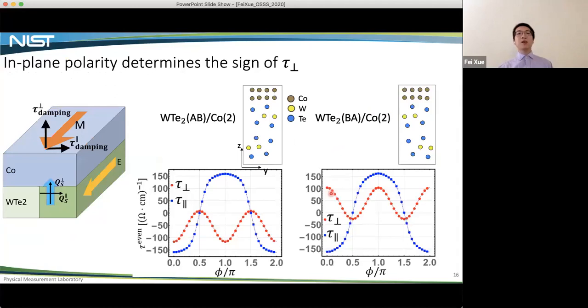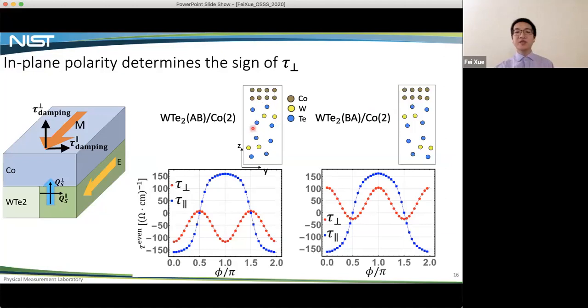Another interesting observation in the experiment is that in their samples, they do this Scotch tape kind of technique. They just use a Scotch tape to exfoliate the bulk tungsten ditelluride and then put the cobalt, permalloy, on top of that.